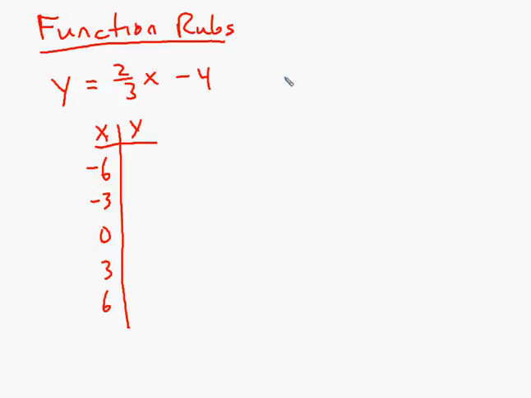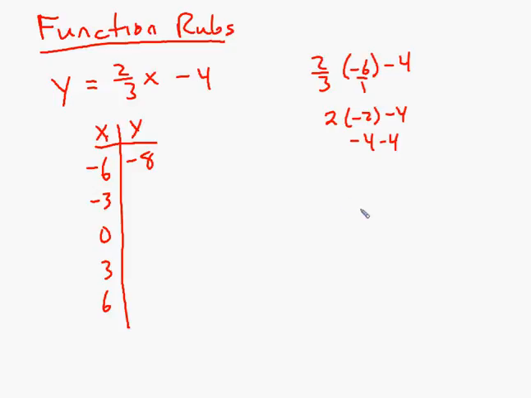And then I would come over here and do some work. I do 2/3 times -6 minus 4. Now this needs to be a fraction, so I put it over 1. I cross cancel and I get 2 times -2 minus 4, because those would cross cancel, right? And then I get -4 minus 4, which is -8.